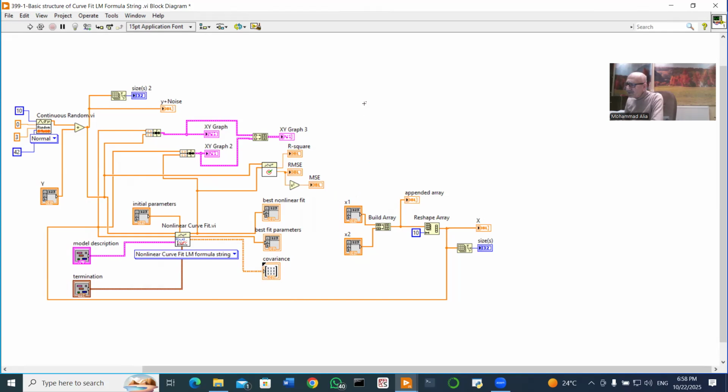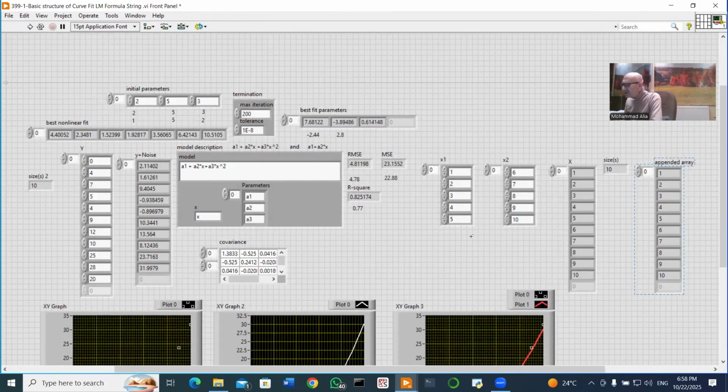First, we have the values of x1, and after the values of x1, you will have successive values of x2. I'll show you now. At the output, we shall have this one-dimensional array, and this array is called appended. I selected values to be easily understood by you.